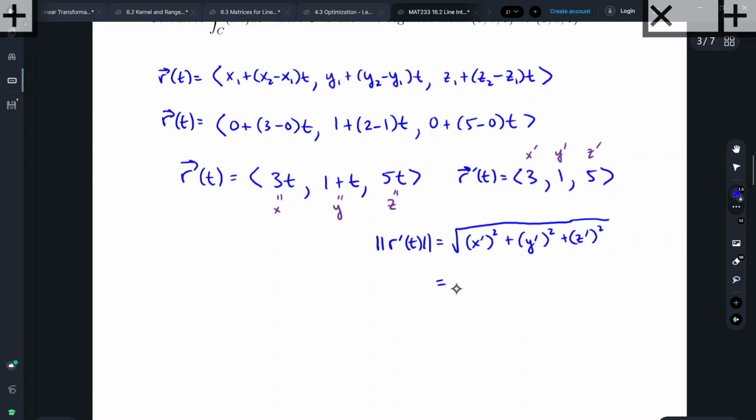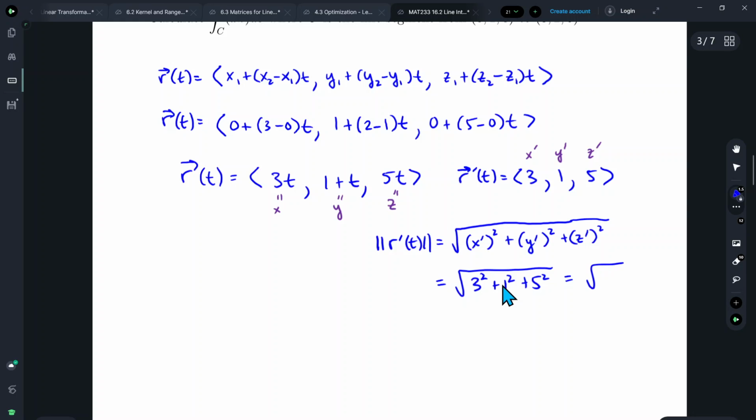So in this case, it's going to be the square root of 3 squared plus 1 squared plus 5 squared. So what is this? 9 plus 1 is 10. 10 plus 25 is 35. Okay, so that's the square root of 35.